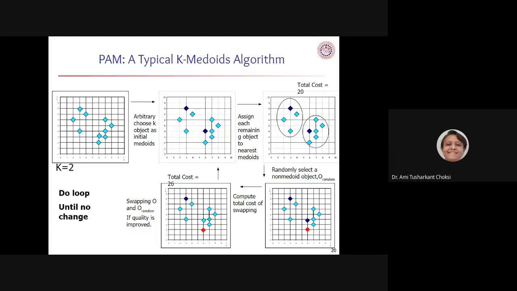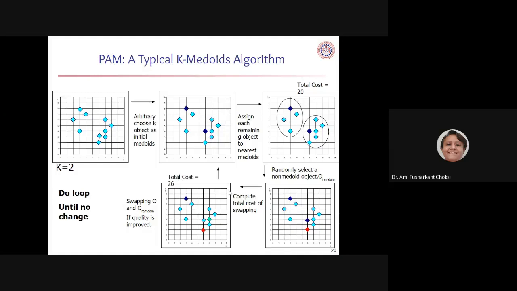We have to check whether the distance with that new object is the same or not, or whether any change will be there. Nearer distance will remain in that cluster. If they are not nearer, they will move to the other cluster, right? So compute the total cost of swapping.